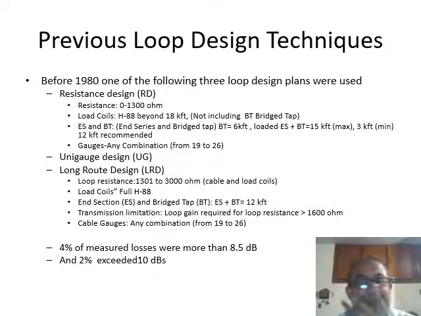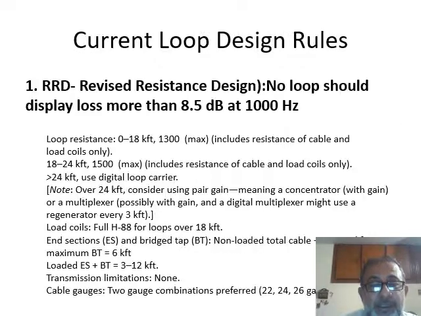The resistance design, uni-gauge design, long route design. Now let's see what we do right now. We have revised resistance design. You can see the previous design in the book and in the presentation also.